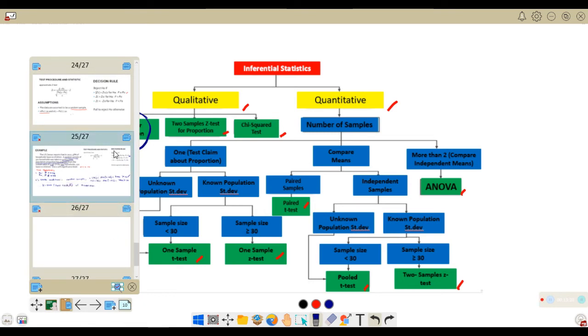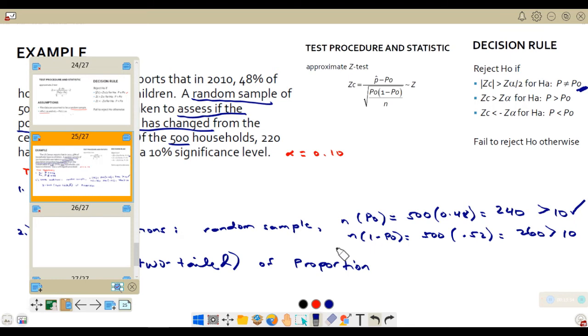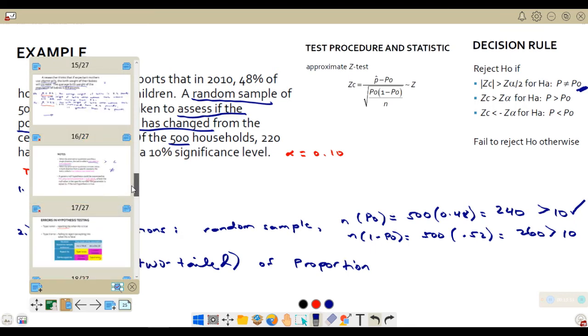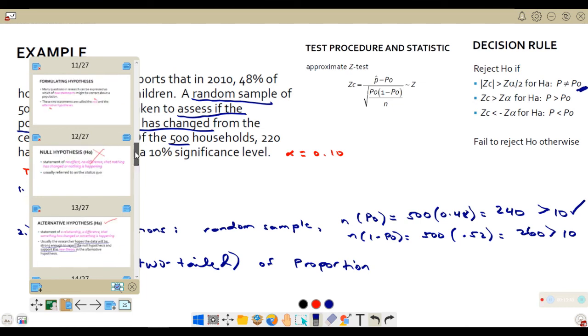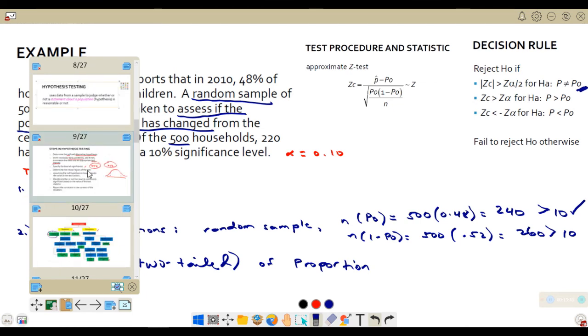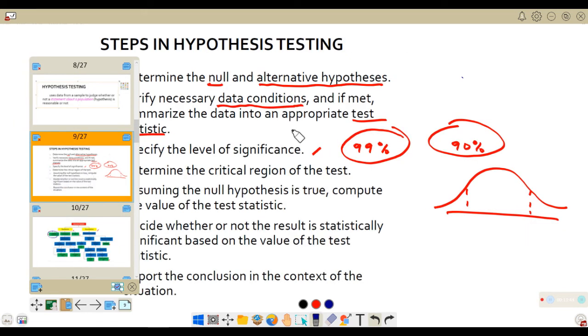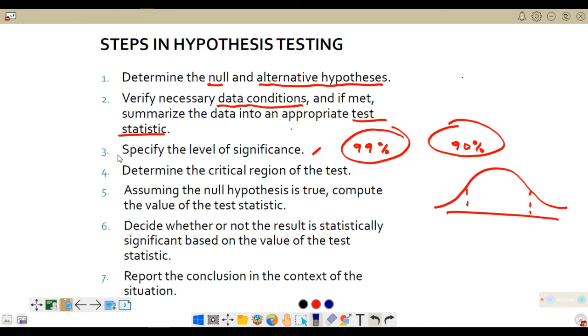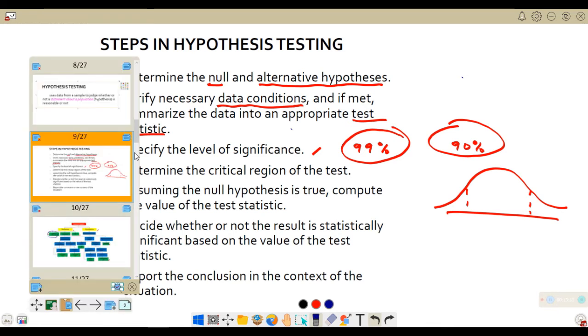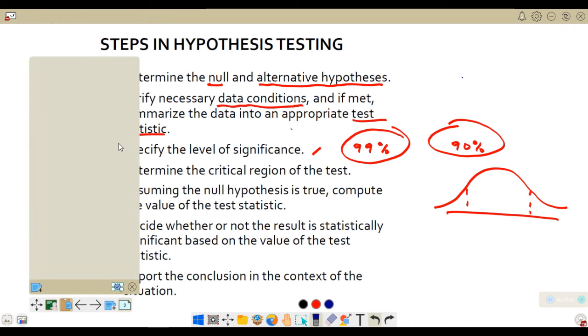Okay, clear tayo sa steps 1 and 2. Punta na tayo sa step number 3. So, step number 3, specify the level of significance. Okay. Siguro hiramin ko na to papunta dito sa pinakang baba para hindi tayo pabalik-balik sa taas, no?